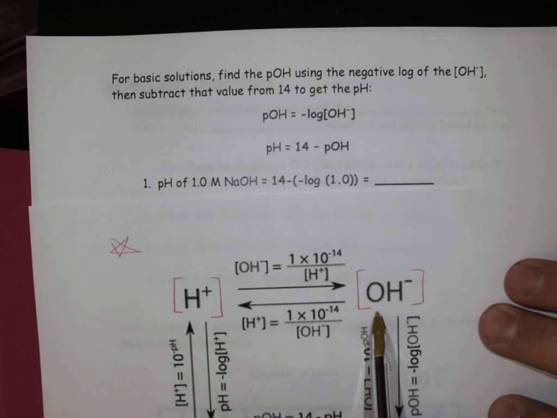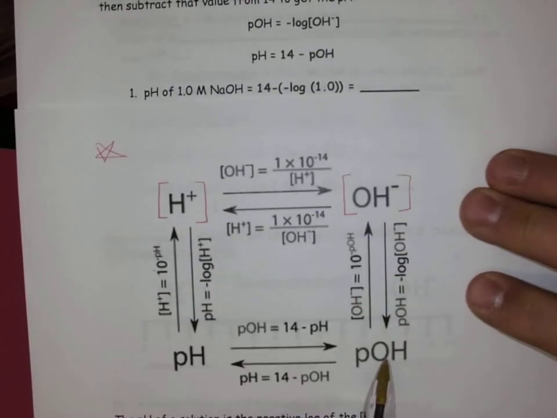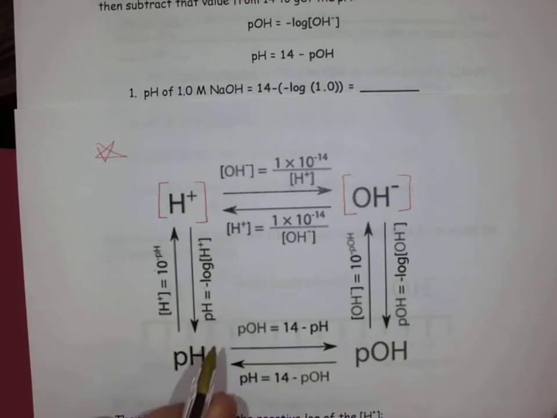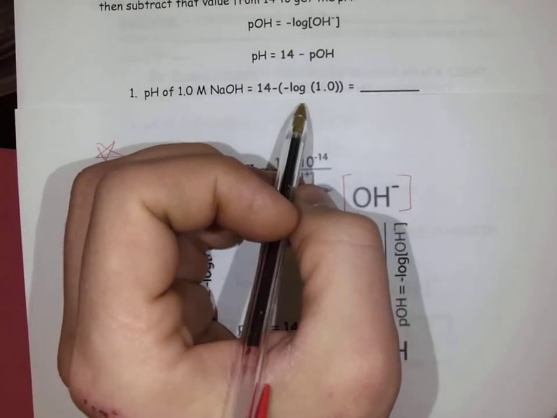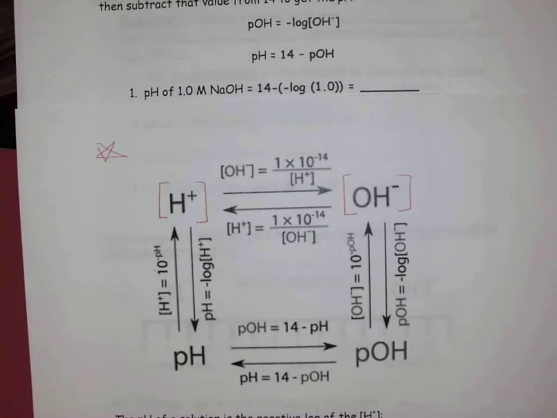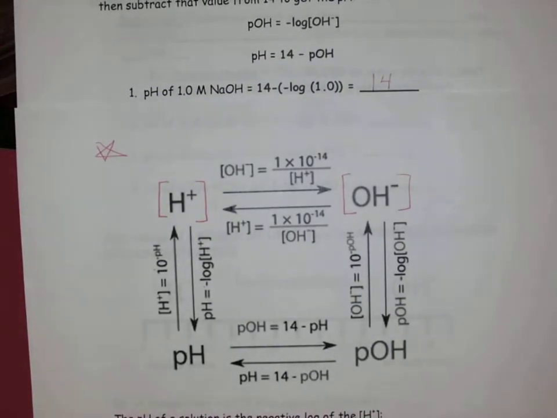To get my pH, I can go to my pOH, and then I can do 14 minus the pOH to get to my pH. So if I do that, negative log of 1, that'd be 0. 14 minus 0. Let me make sure that I do this right. Negative log of 1 would be 0. So 14 minus 0, that's 14. Okay, so there we go.